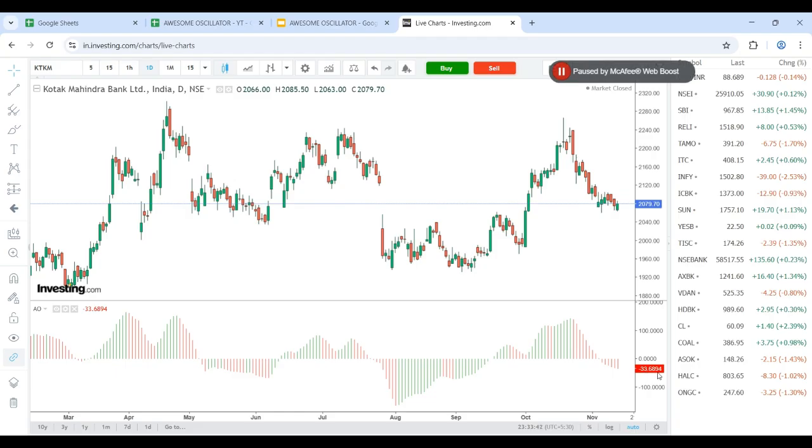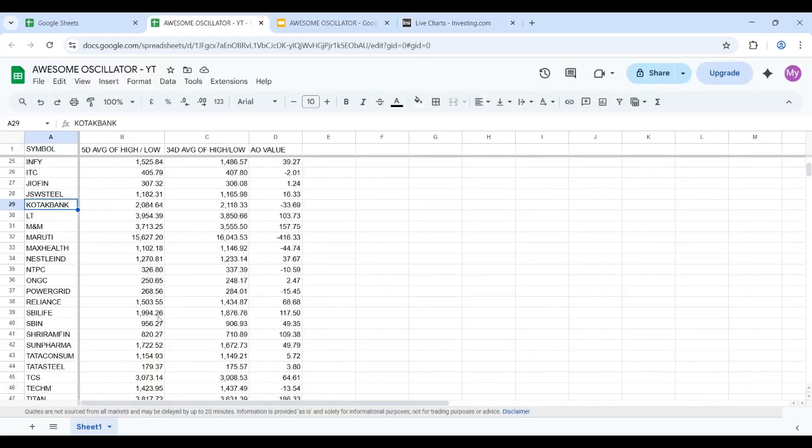You can see the value here. You can also see the value somewhere here also. Minus 33.6694. Okay, here you can see, here also you can see. Yes. Now I'll go to SBI randomly, 49.35. We'll see.